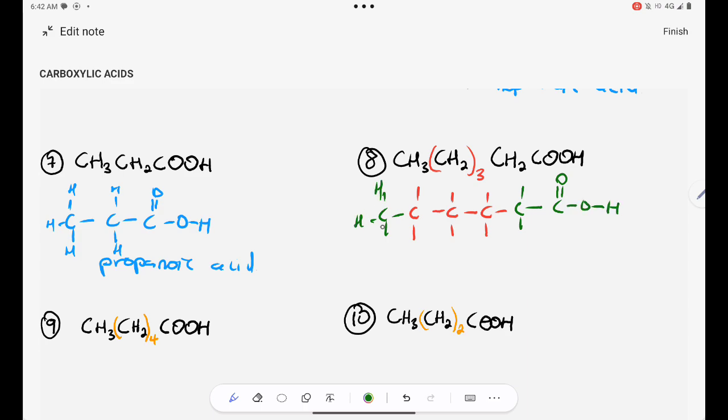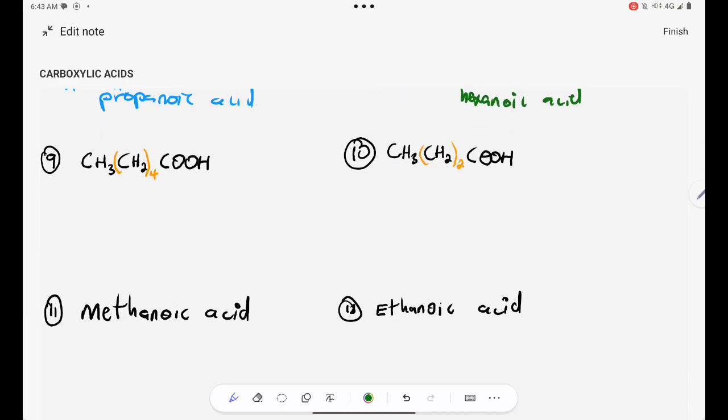All I have to do is to just draw the hydrogens as well. And how many carbons do we have? 1, 2, 3, 4, 5, 6. This is simply hexanoic acid. Okay.